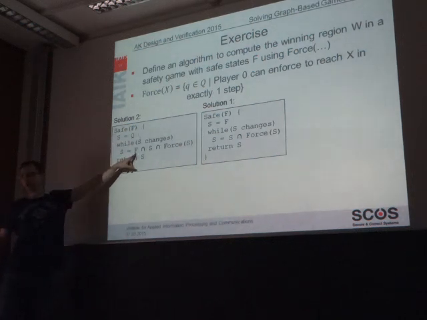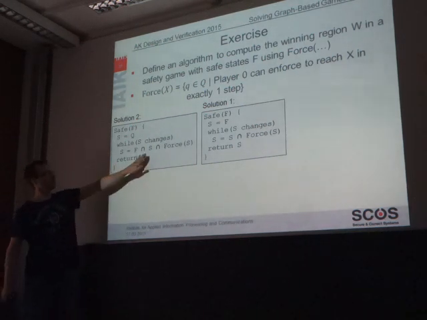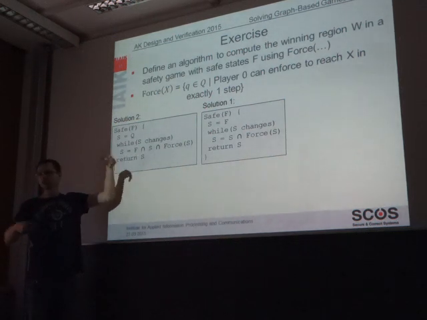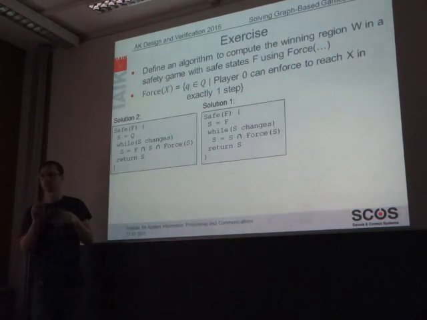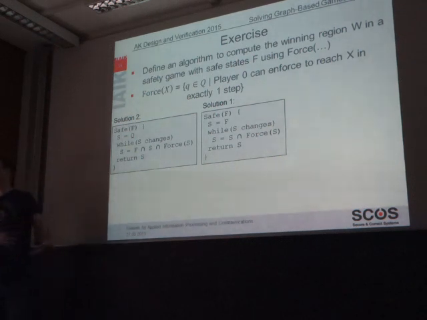In the first iteration we intersect with F so that we get what we had with our standard algorithm before, and then we just refine S in every iteration by saying the new S is the old S, but only with those states from which I can also stay in S in the next step. So basically we remove the states from which we cannot stay in S. We only keep the states from which we can stay in S.